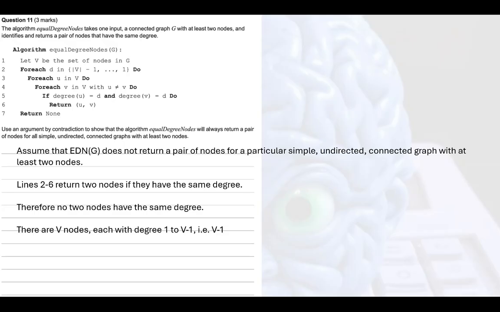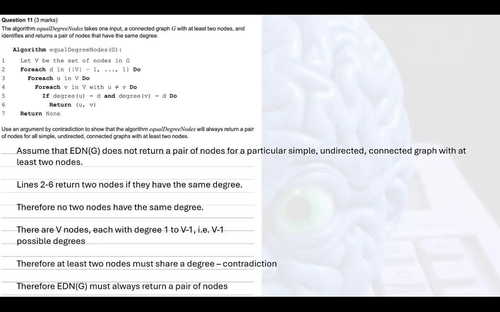So there are V minus 1 possible degrees for V nodes. And that means that at least two nodes must share a degree. And if those two nodes shared a degree, then lines 2 to 6 would return them. So we end up with a contradiction. Therefore, the algorithm must always return a pair of nodes.